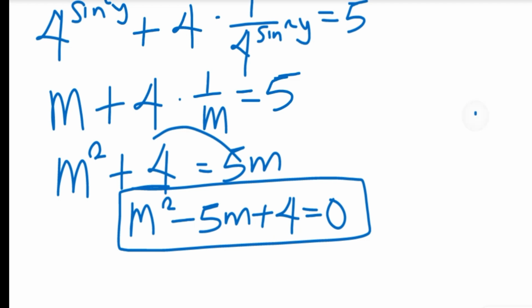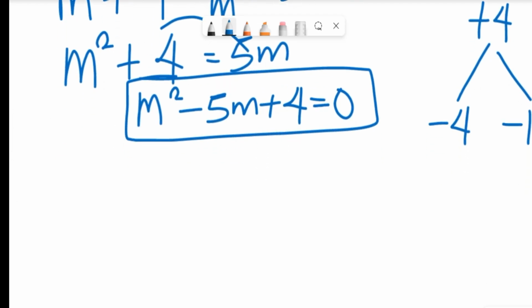So we'll be looking for two values we'll multiply that will give us plus 4, and when we add, it gives us minus 5. So the two values will be minus 4 and minus 1. Minus 4 times minus 1 will give us plus 4, and minus 4 plus minus 1 will give us minus 5m.